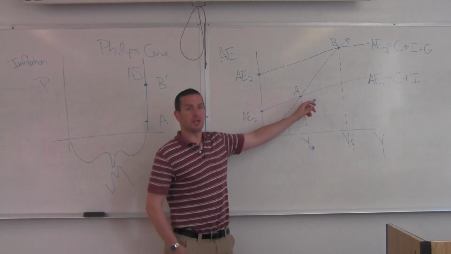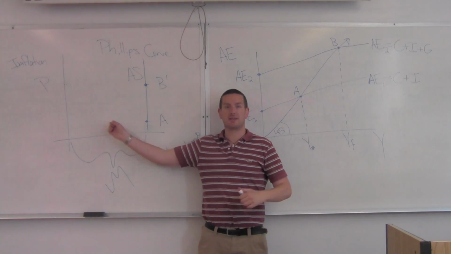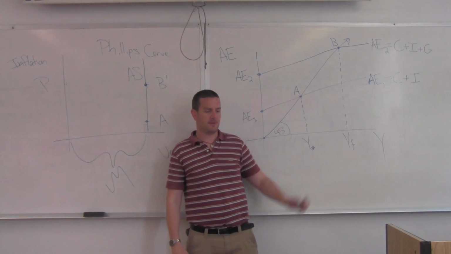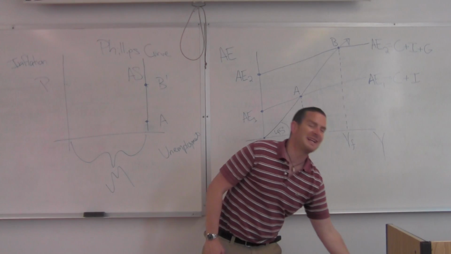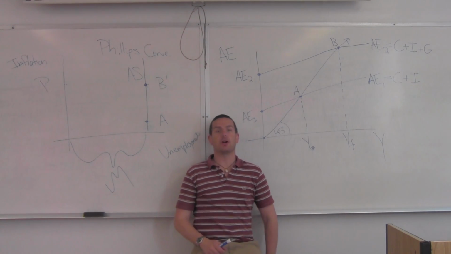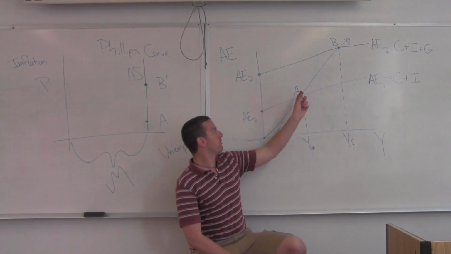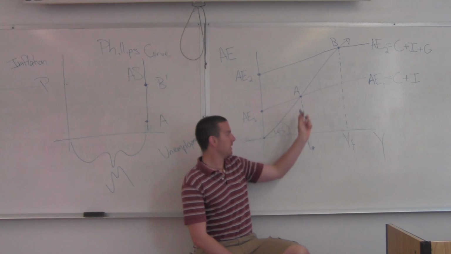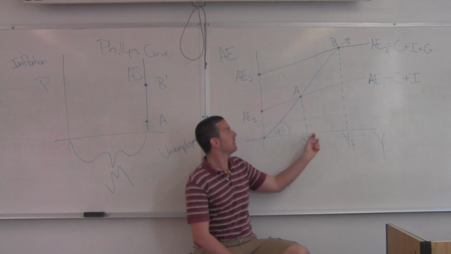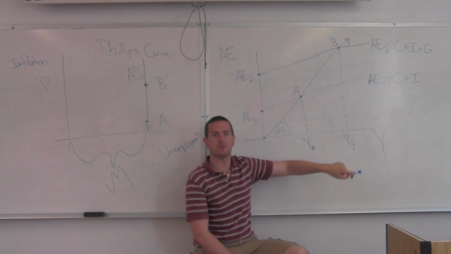So the conclusion, we're going to talk about the relationship between this and this. Okay? The general idea that we started with was that you could go from point A, where there is unemployment, to point B, where there is full employment.